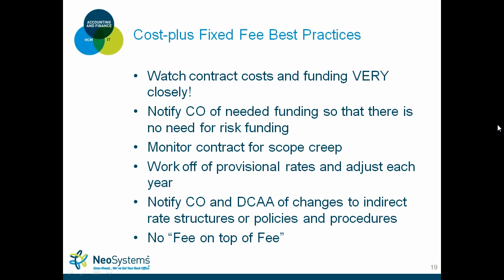So you'll have your labor plus your indirect rate burdens, maybe some ODCs, maybe some travel, and then you'll have your sub-costs. And a lot of times subcontractors will put 8% on top of all those costs. So essentially you have fee on top of fee. When that happens, it's a big red flag for DCA, and it could get you as a company in trouble.